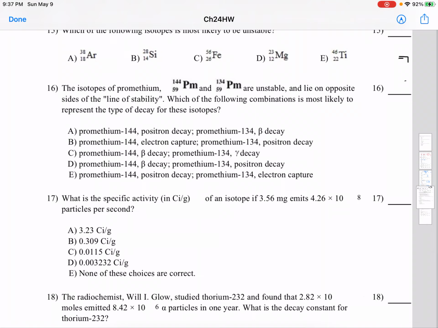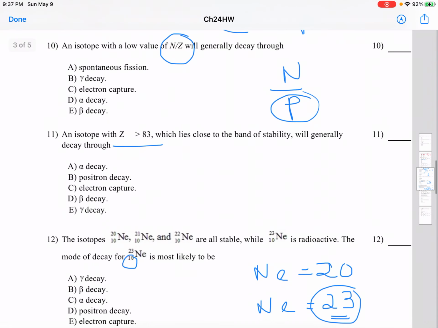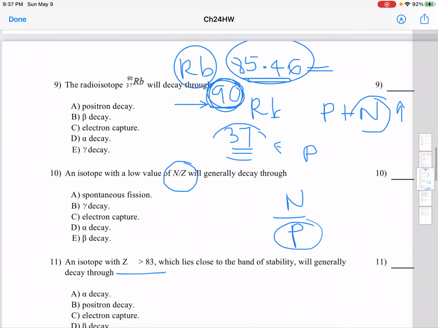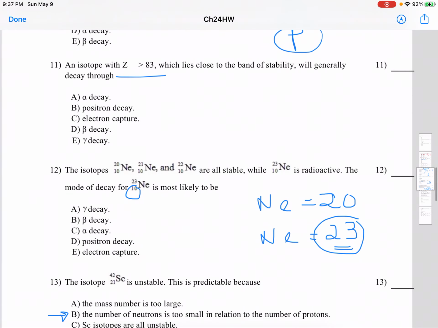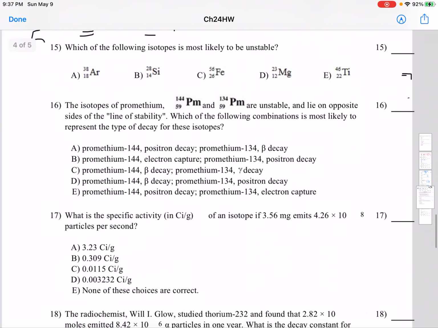Again, remember I showed you how to look up the type of decay in these questions. Number 9, number 10, also number 12, by looking at the atomic number. So 59 is promethium. Look up the atomic mass given in the periodic table.